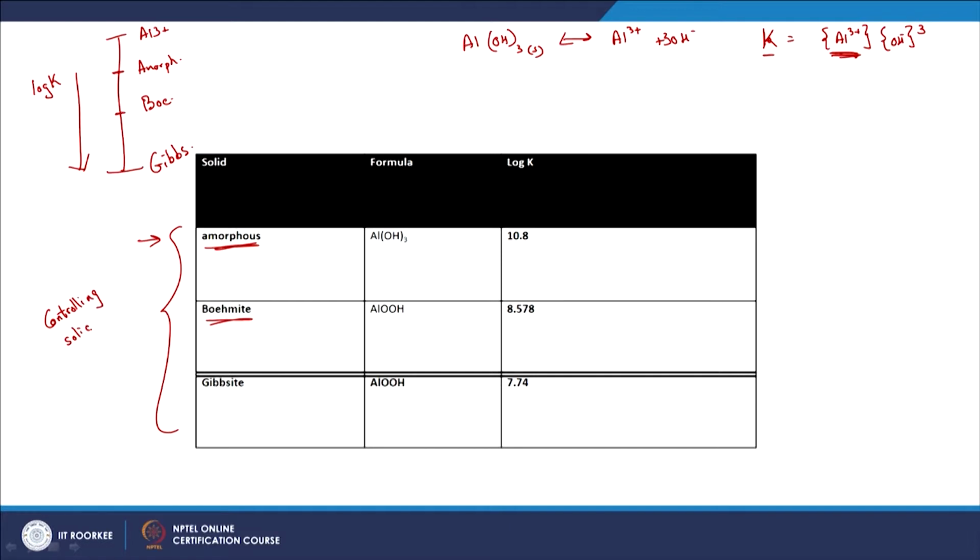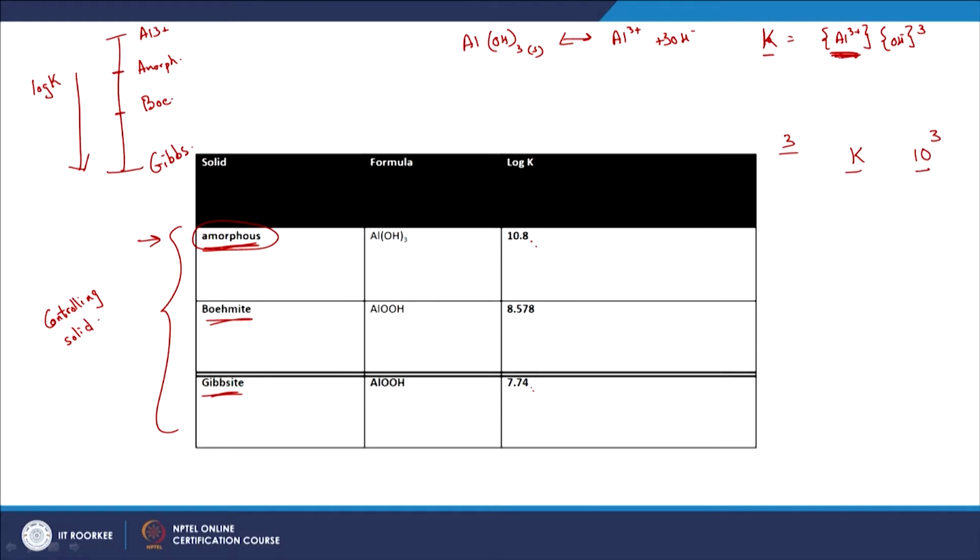As in, why is that? Let us say people think that Gibbsite is the controlling solid when actually the amorphous form is the controlling solid. What will it lead to? See that the difference in log K values is 3 orders of magnitude, right, 10.8 and 7.7 or 7.8. So, the difference in log K is 3, as in K would be differing by 10 to the power 3, yes.